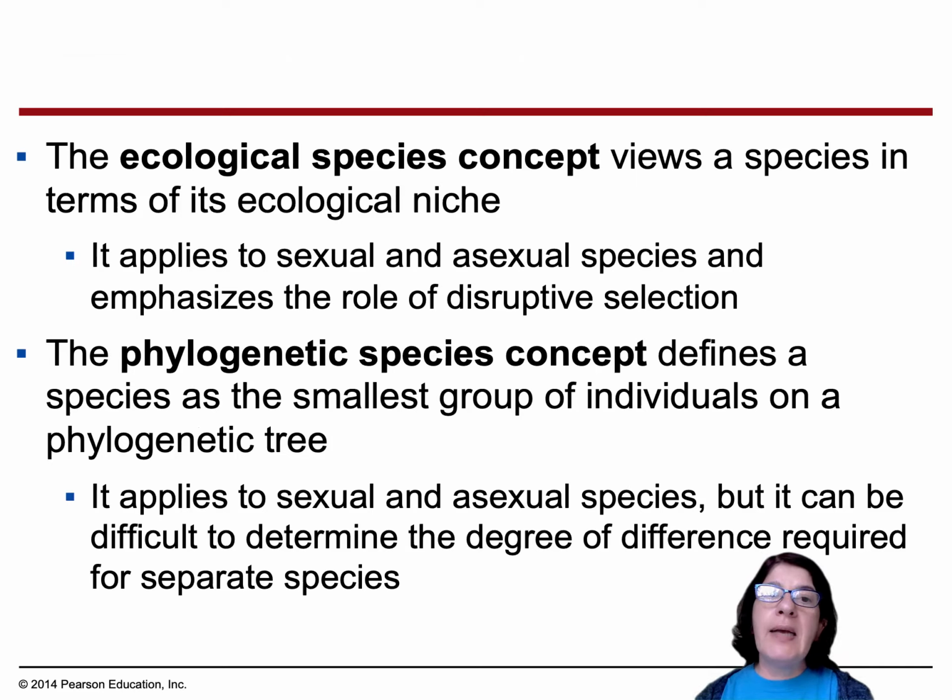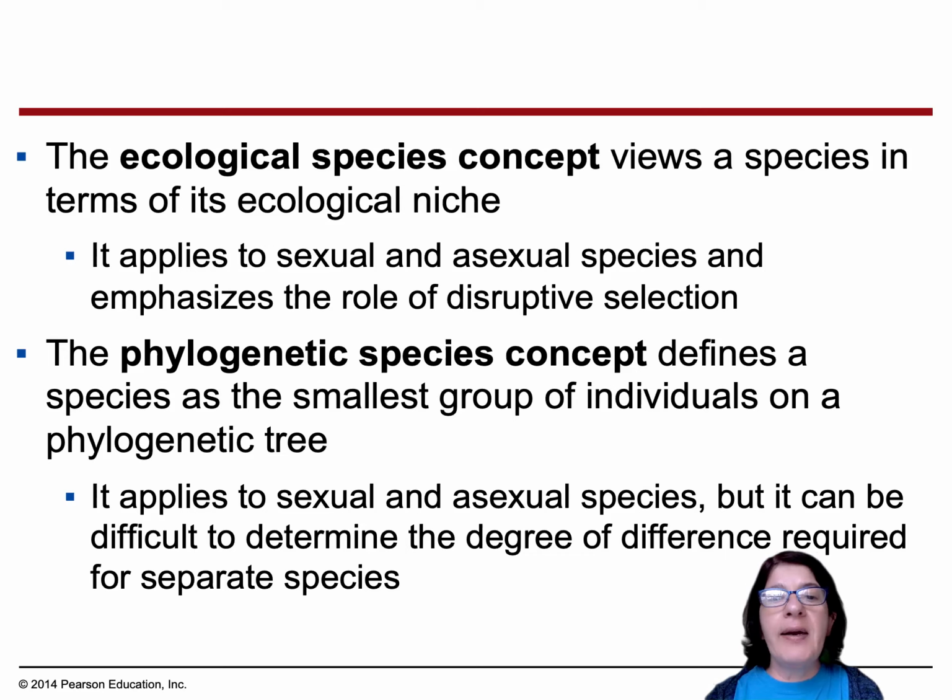Now, there is another concept which is quite well defined. That is the ecological species concept. It views the species in terms of its ecological niche. It applies to both sexual and asexual species, and it emphasizes the role of disruptive selection. We're going to talk more about disruptive selection later, and you will be able to better grasp this concept once we talk a little more about ecological niche.